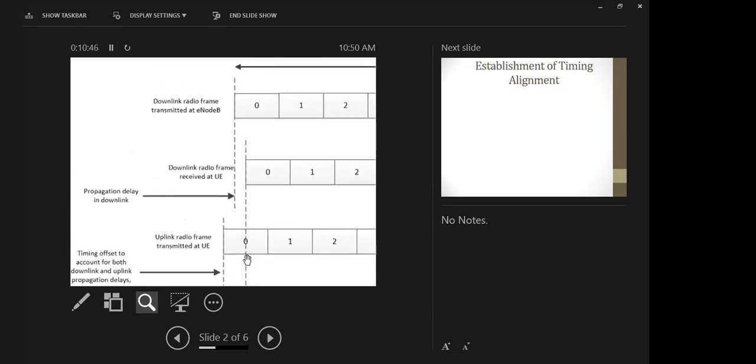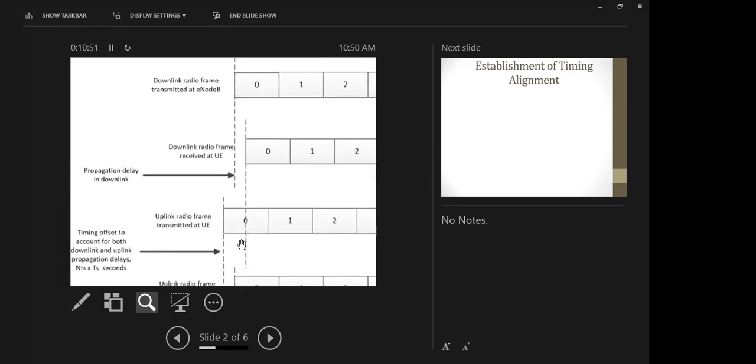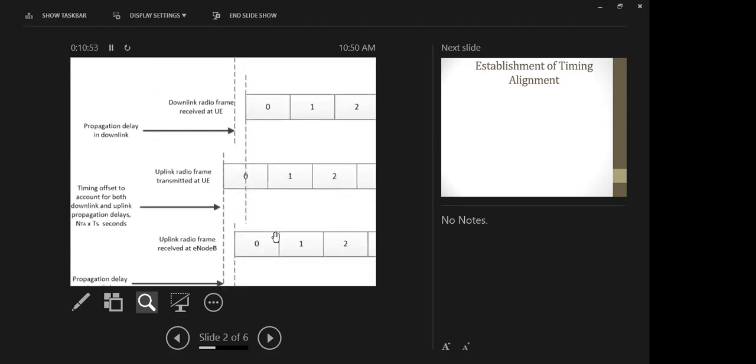The base station will find that the radio frame is a little shifted, so it sends a command that increases the timing offset.